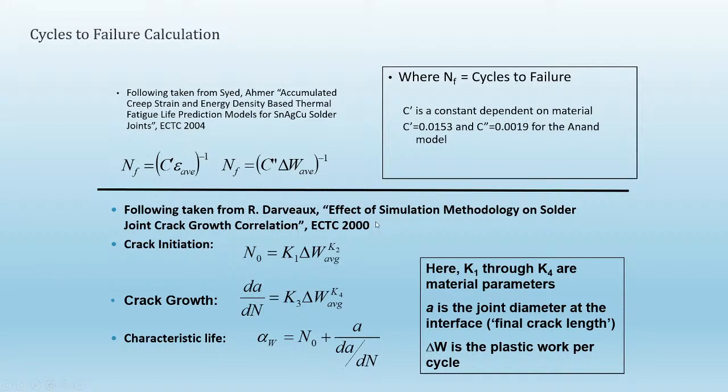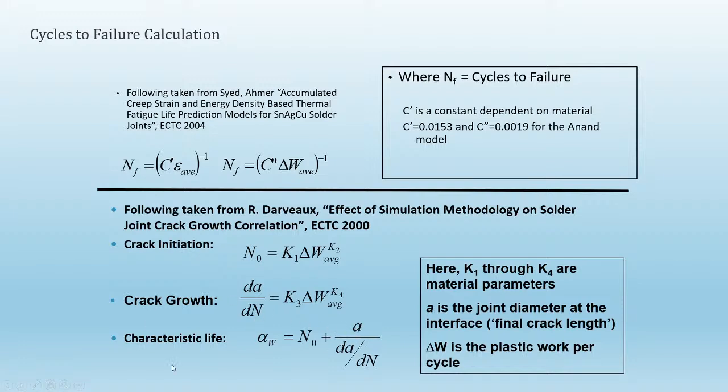From the original paper back in 2000 from Dr. Darveaux, right? They did crack initiation. So he has a coefficient K1 and K2 to measure crack initiation. He also has K3 and K4 for crack growth. So the characteristic life is if you add the two together and you can divide it by how big your solder is.